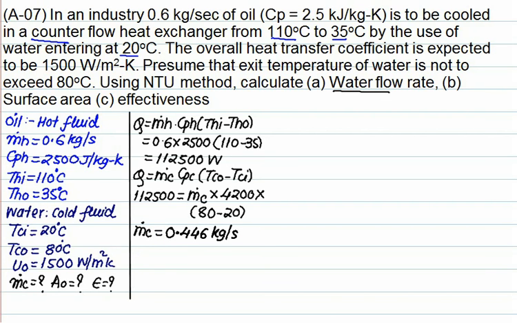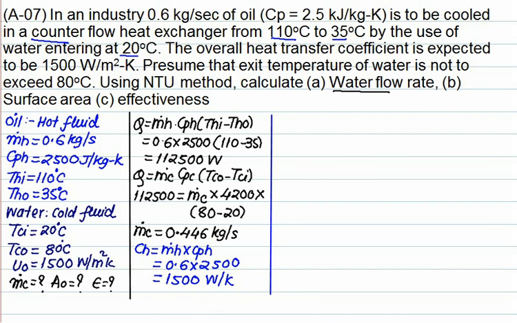So we are able to calculate the value of CH. CH is m dot H multiplied by CPH, multiplied by 2500. Now similarly we can also calculate the value of CC, which is m dot C into CPC, 0.446 for water times 4200.